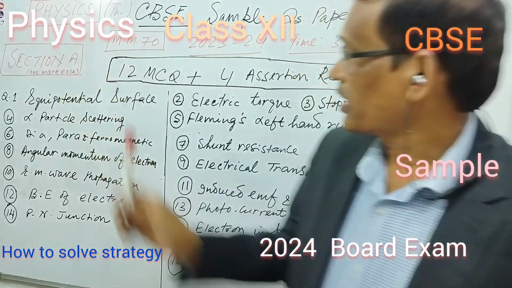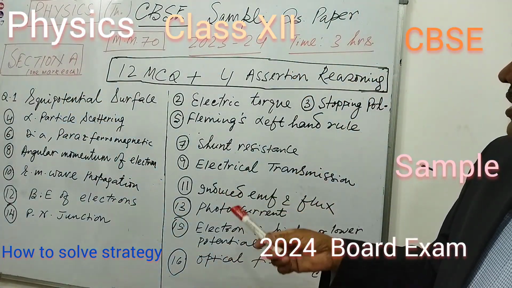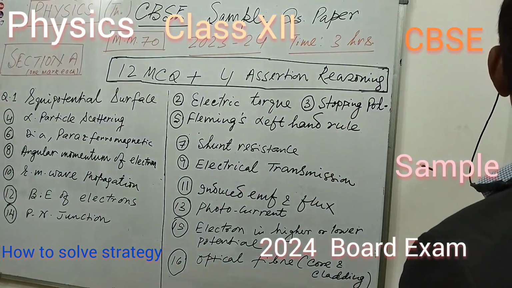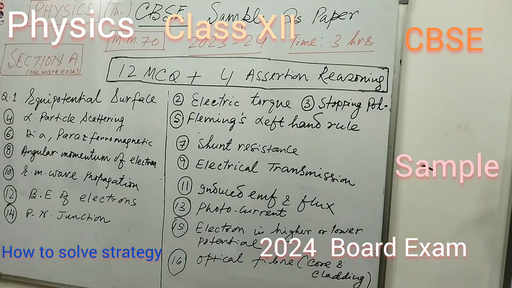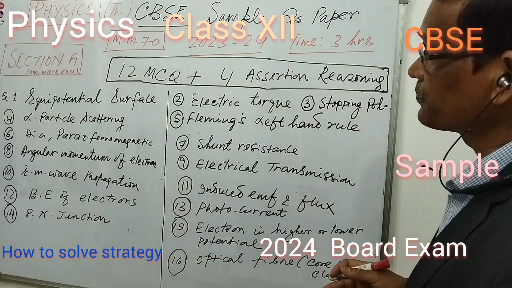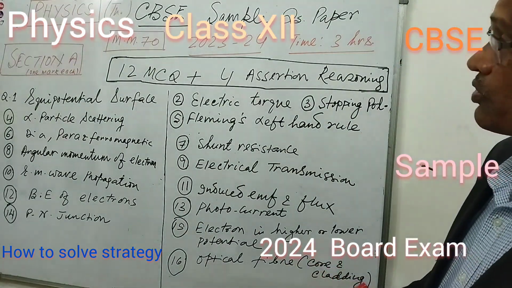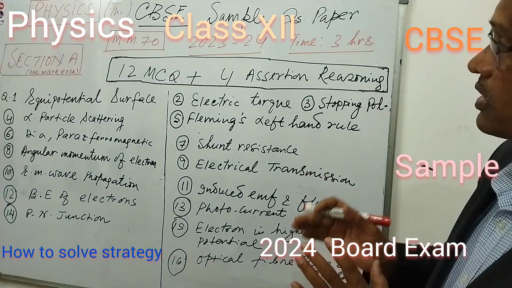Section A is 1 mark each, section B is 2 marks each, section C is 3 marks each, section D is 4 marks each, and section E is 5 marks each. Now let's quickly go for section A, 1 mark each.